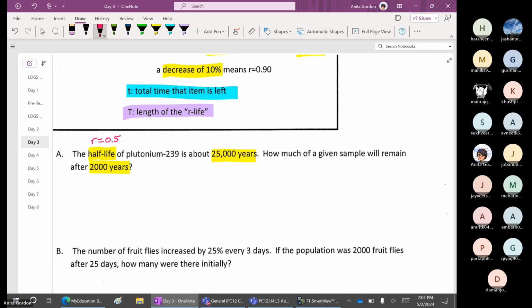25,000 is what kind of time? Capital T time, right? It's the time of the half-life. This is a given and fixed number. We are measuring the sample after 2,000 years. That is our choice, so this represents small t.